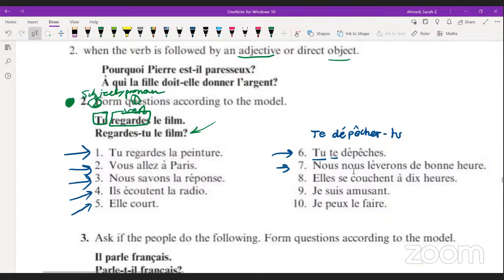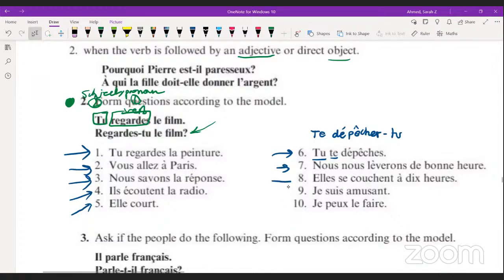And now the question of it, remember we have 2 of these. So one you're going to say at the beginning and one you're going to invert. Nous nous lèverons de bonne heure. Close.